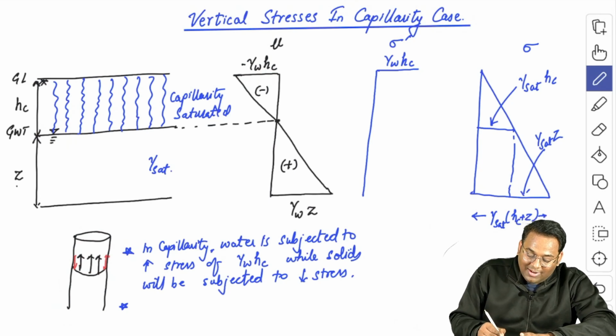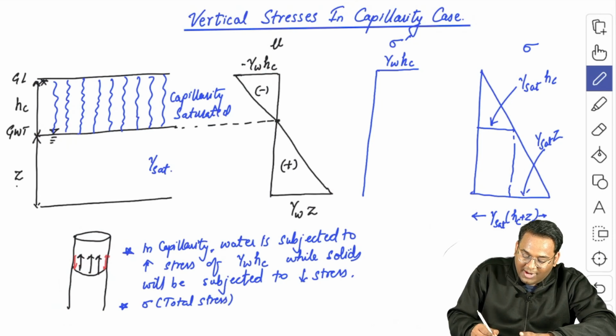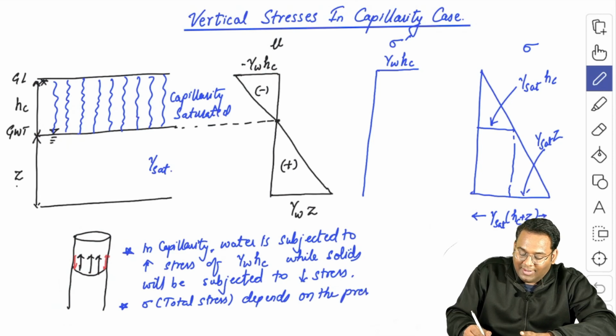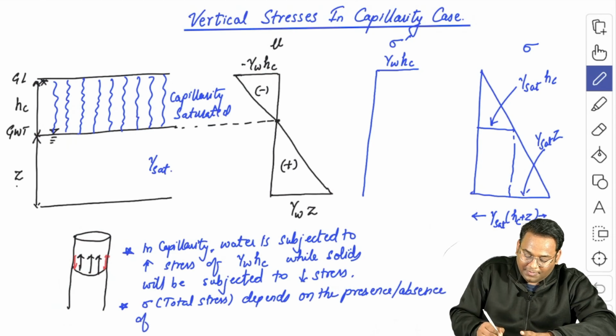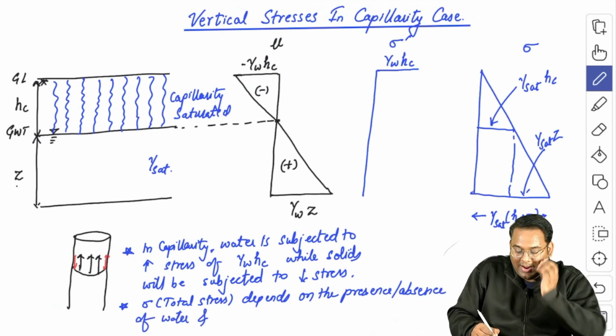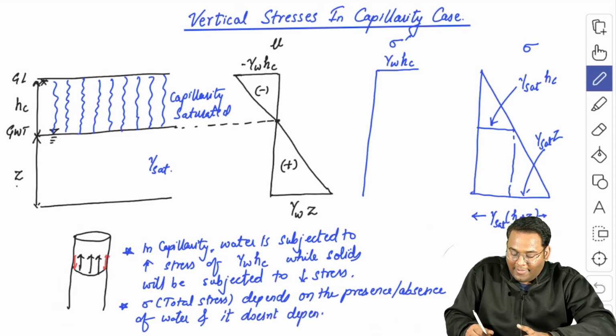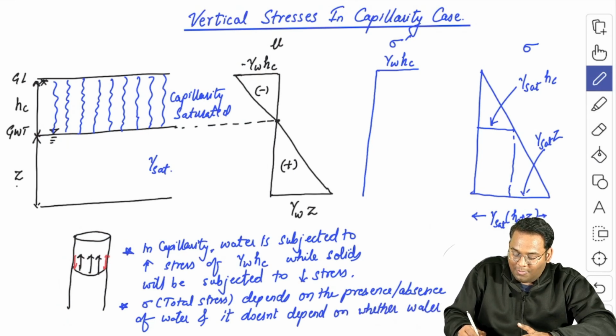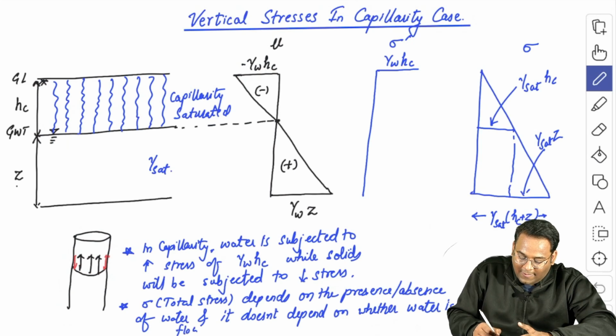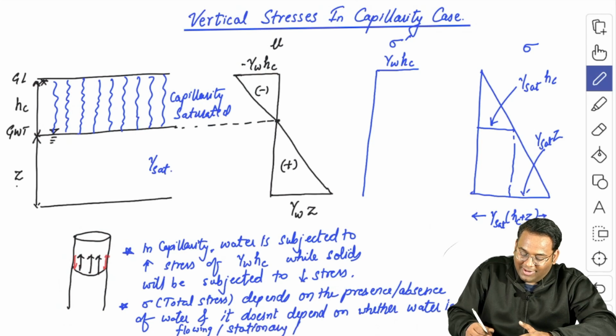What I have said is that the total stress depends on the presence or absence of water, and it does not depend on whether water is flowing, moving, stationary, or capillarized.